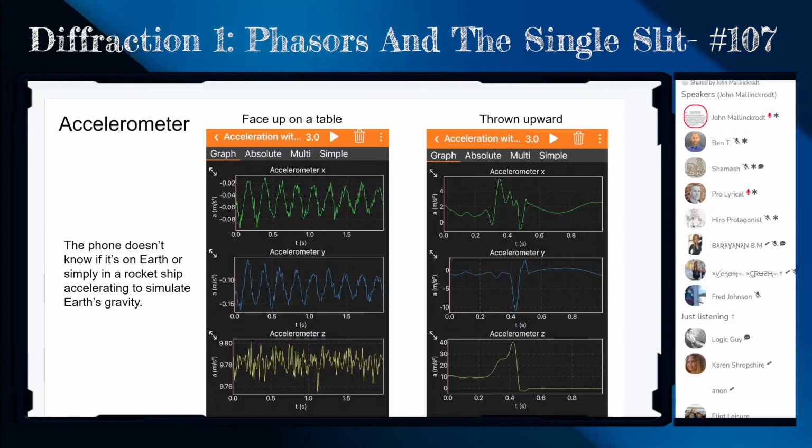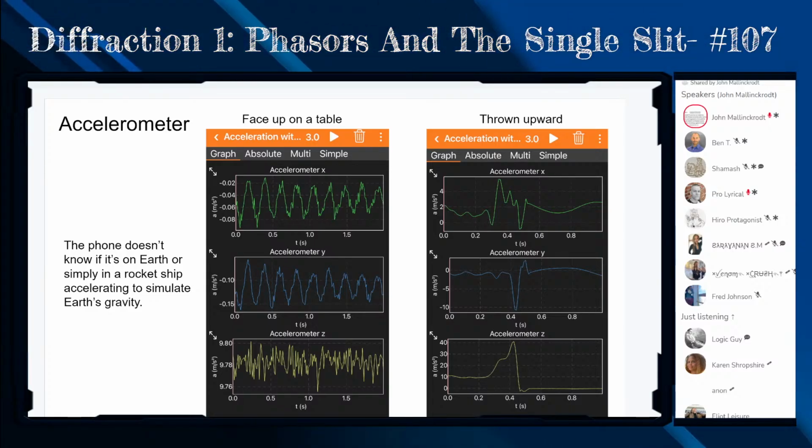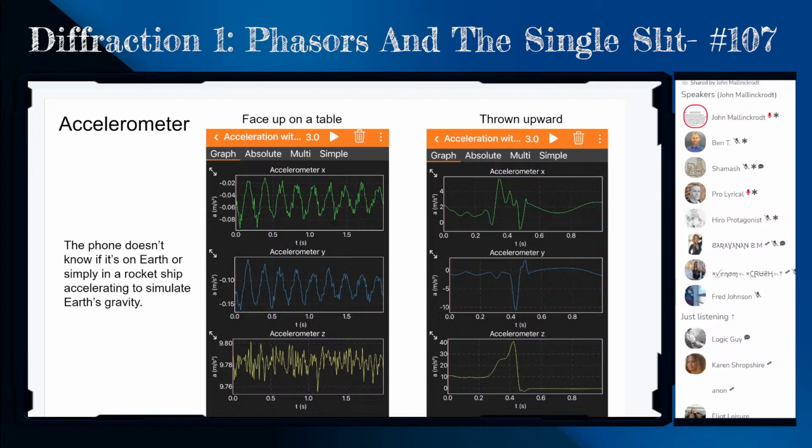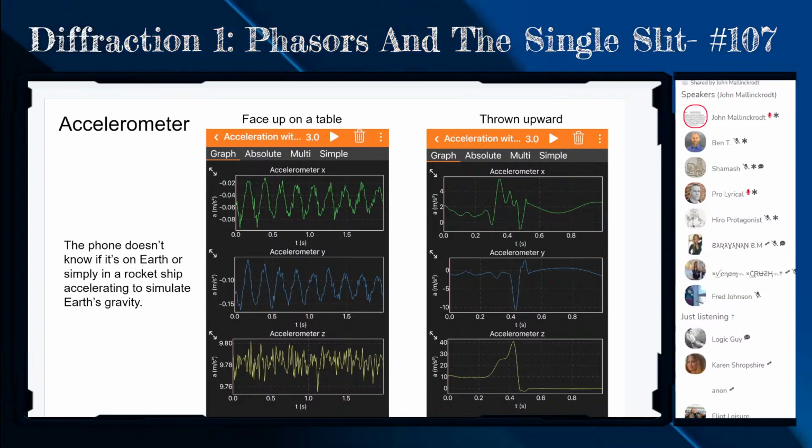There's a couple things to notice about this. First, both the x and the y accelerations are sinusoidally varying. It's going up and down, and they're not varying around 0, which is another thing to notice. They're varying with a frequency of about 4.5 cycles per second.